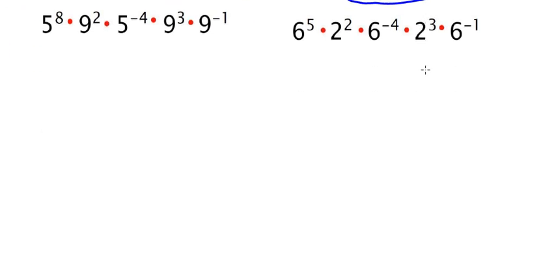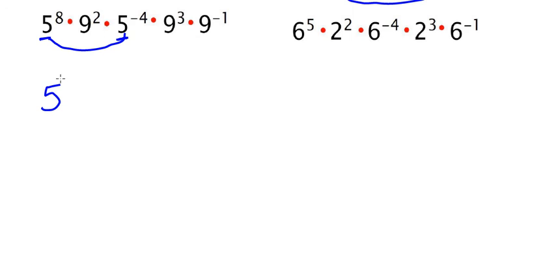So in these last 2 problems here, all we're really doing is applying the rules that you've seen throughout this entire lesson. So I've got 2 bases in the question, so I'm going to have 2 bases in the answer. So let's start here with my base of 5. When I start with my base of 5 here, I know that I can actually multiply these together, and the base of 5 stays the same, but it is 5 to the power of 8 plus negative 4.